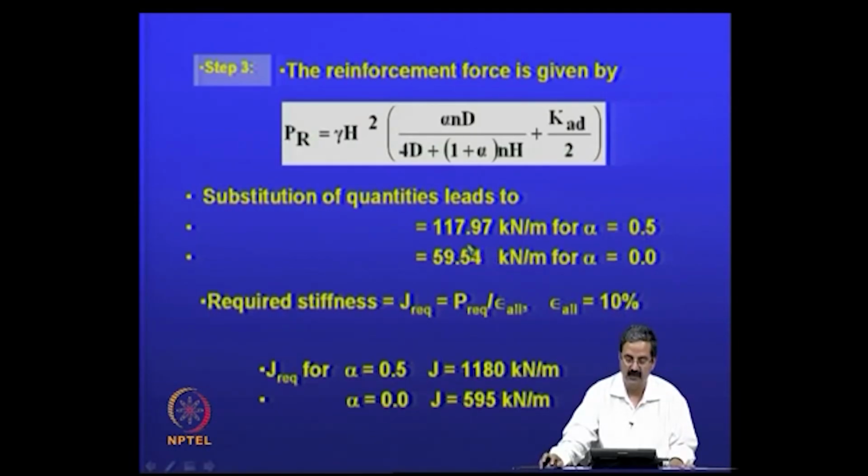So, it comes to about 1180, that is 117.978 by 0.1 actually. Okay. So, it comes to roughly 1180 and then here 595. So, 600 kilonewtons per meter length will be the stiffness of the geogrid, and this is the force.